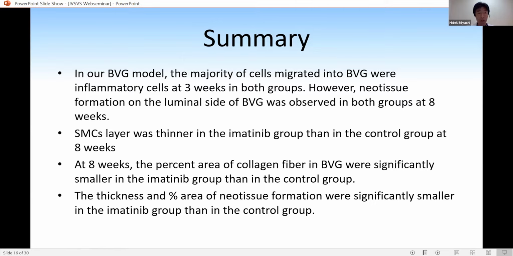The SMC layer was thinner in the imatinib group than in the control group at 8 weeks. The percentage area of collagen fiber in BVG was significantly smaller in the imatinib group than in the control group. The thickness and the percentage area of neotissue formation were significantly smaller in the imatinib group than in the control group.